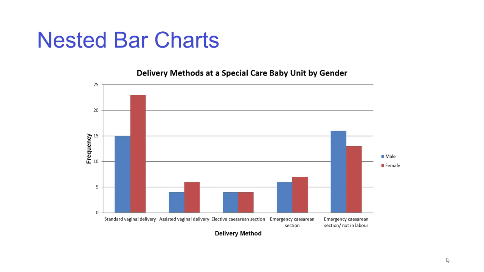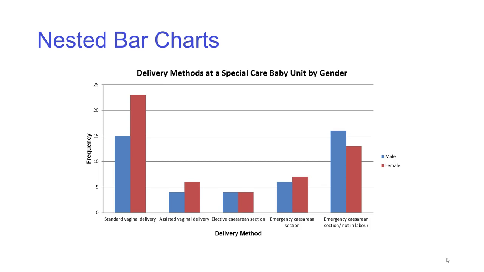In this case, perhaps there's something that more girls are delivered normally and more boys are emergency caesareans, but it's probably not a very strong evidence in this case. The others are pretty much about the same.